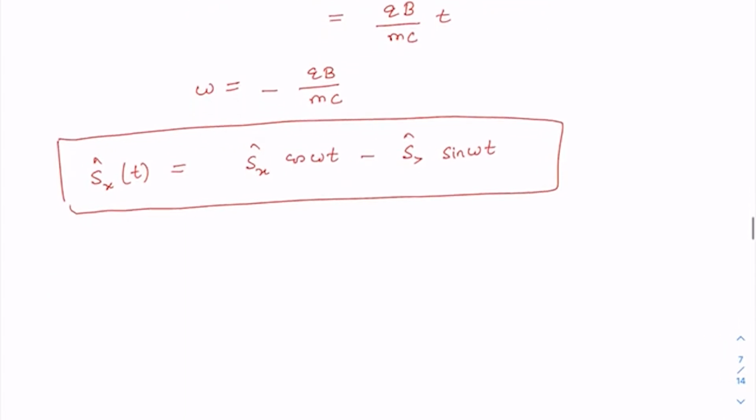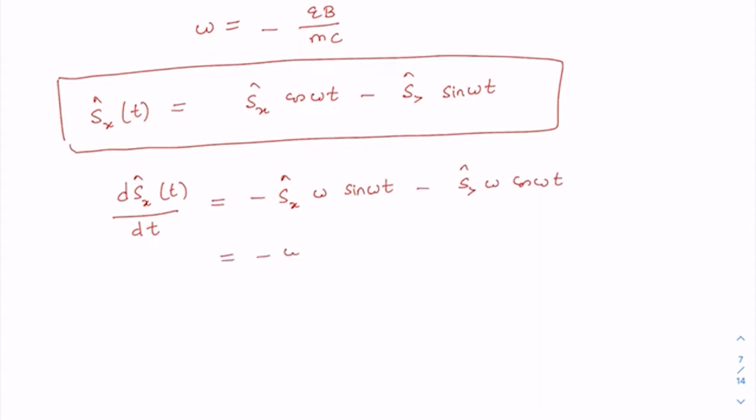Now what about the equation of motion? So dSx by dt would be equal to, the first term is going to give us Sx ω sin ωt with a minus sign, and here I will get Sy ω cos ωt.